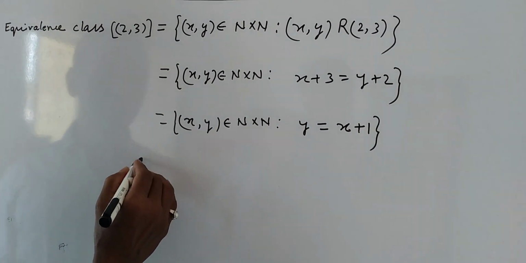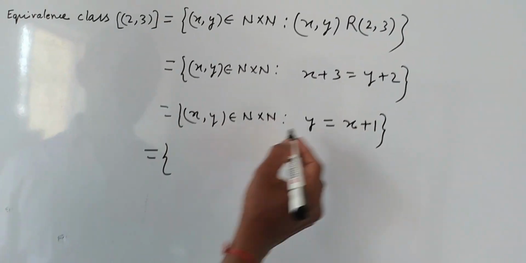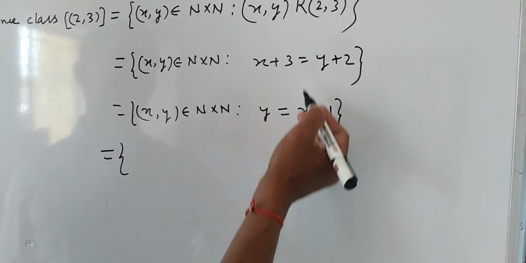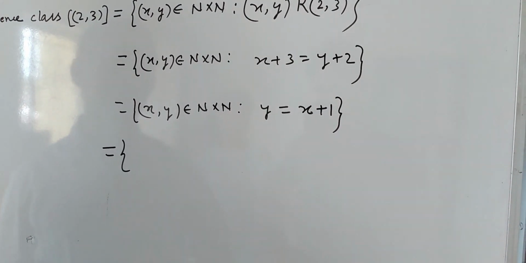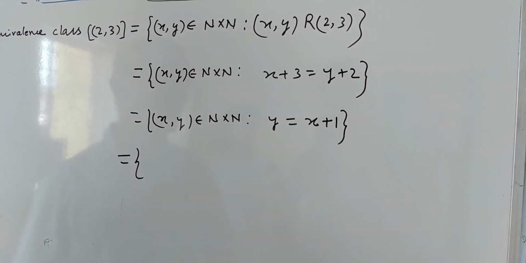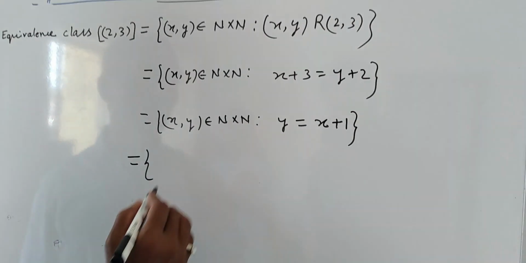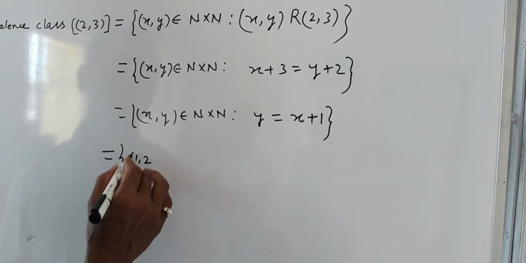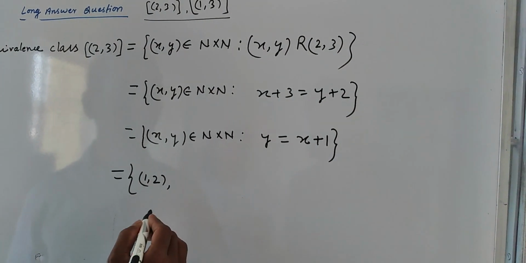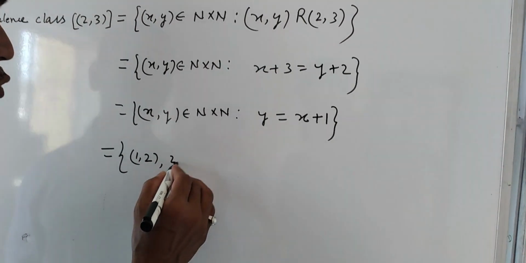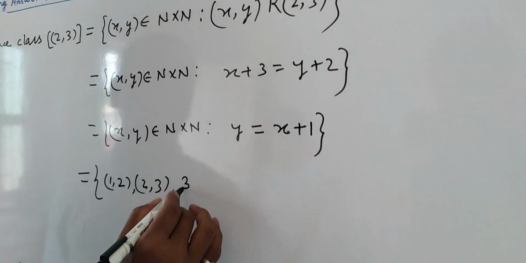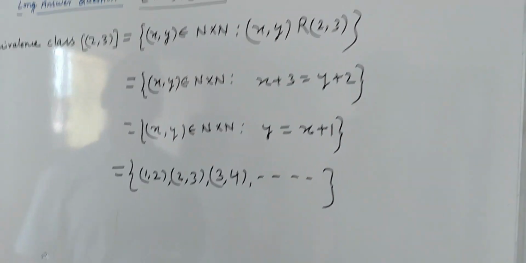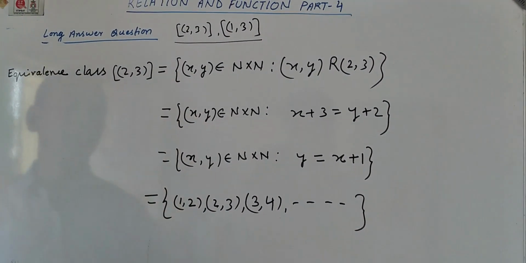Now you can find all ordered pairs which satisfy this equation by putting x equal to any value from the set of natural numbers, because x and y are members of natural numbers. So you put x equal to 1, y will be 2. So (1, 2). Next if you put x equal to 2, then (2, 3), and then (3, 4), and so on. So this is your required equivalence class of this given element.